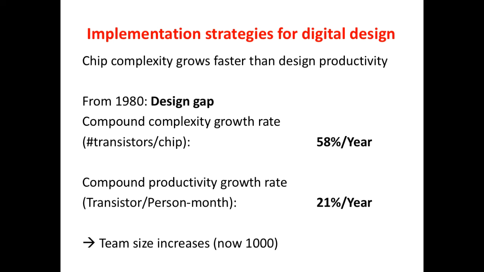And the main result is that we have observed an increase of team size. This is, of course, obvious. You start from a small design. If you remember, I told you that the number of designers for the first microprocessor, the 4004, was 3, and in recent years, the typical team size for the design of a microprocessor is of the order of 1,000 people, 1,000 designers.